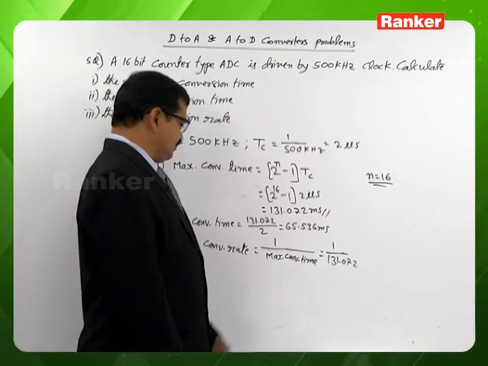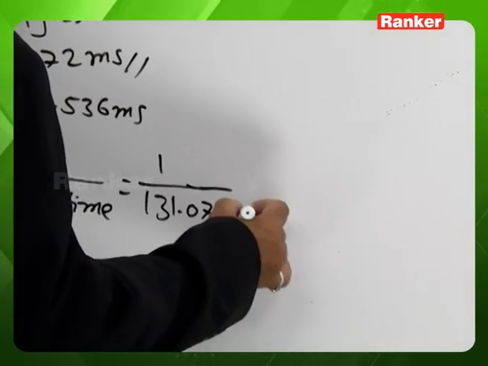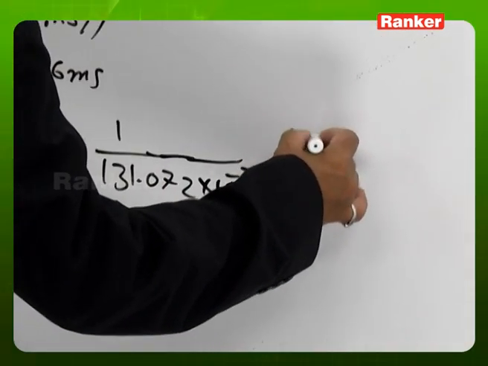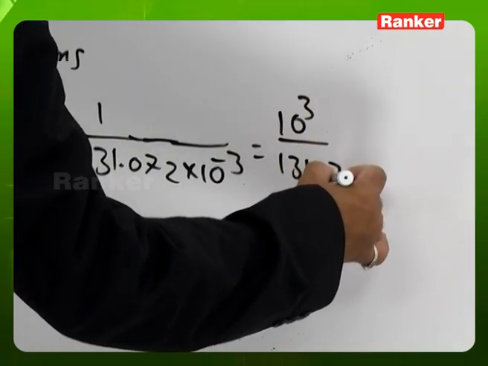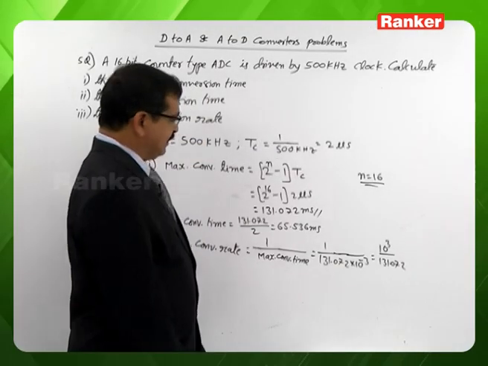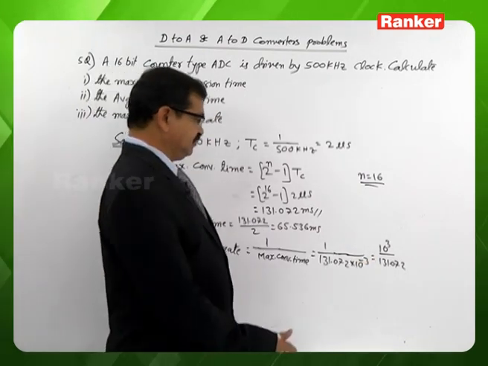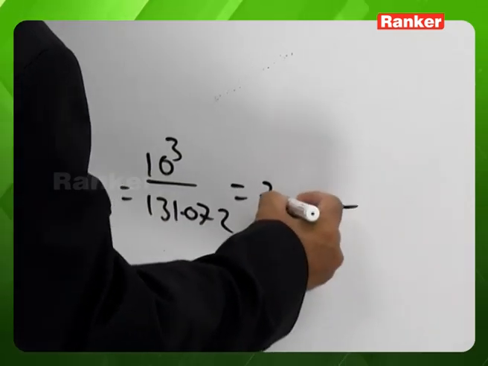So we are looking at 1 upon 131.072 milliseconds, that is 10 to the power of minus 3. So we can write it as 10 to the power of 3 divided by 131.072. It is coming to be 7 point some value.